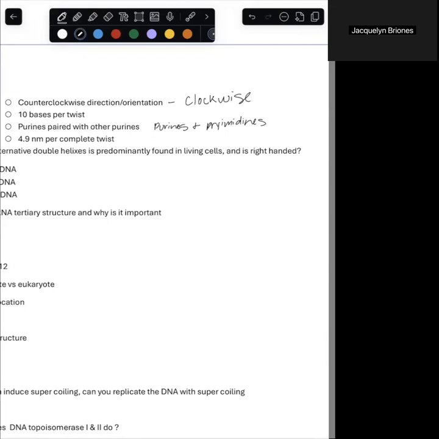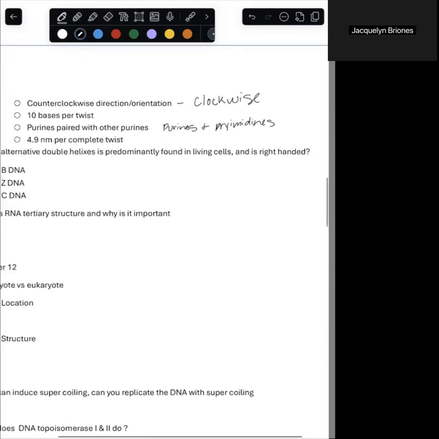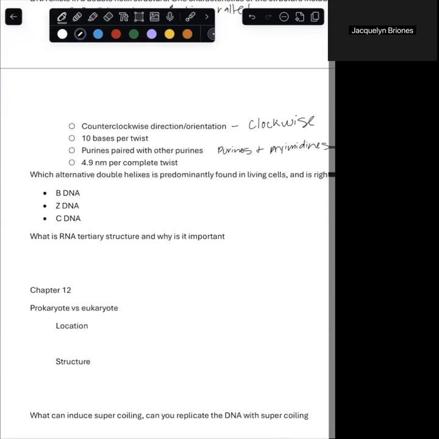That's wrong because it's 10 bases per twist, and we know that. So our answer is 10 bases per twist.